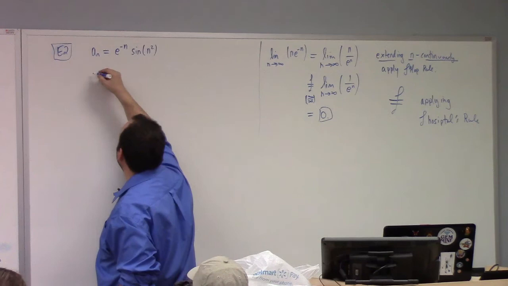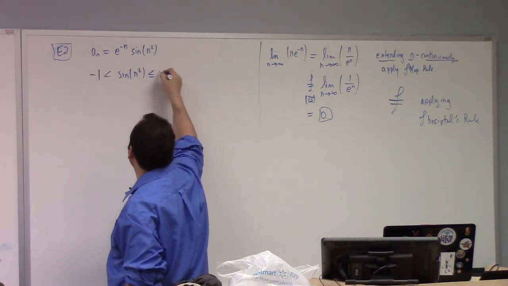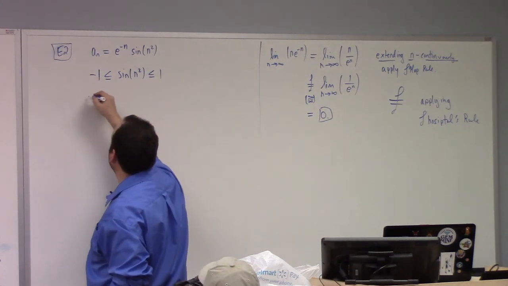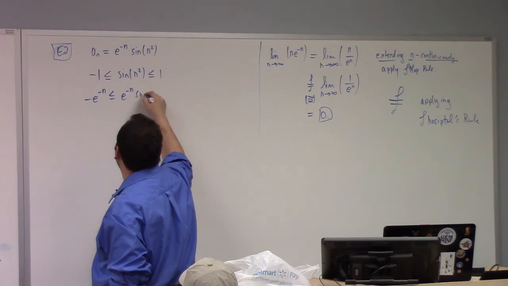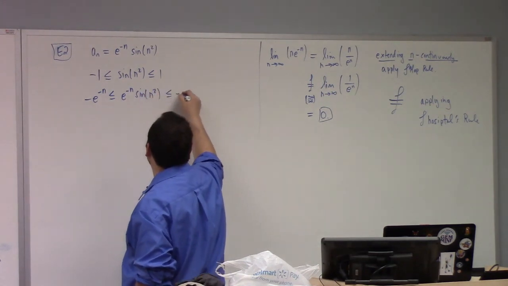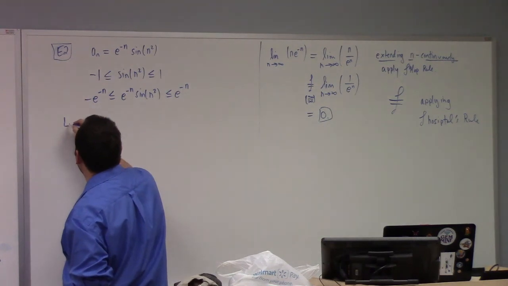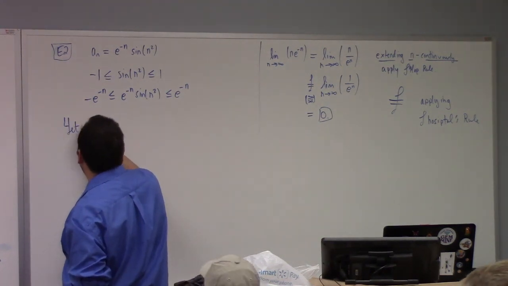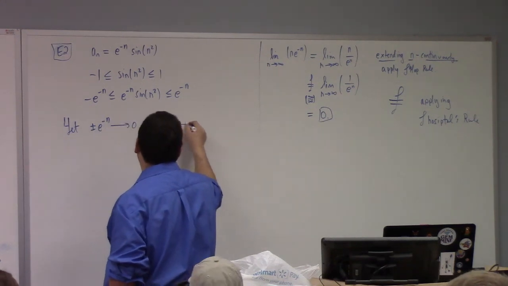Finally, this one: -1 is less than or equal to sine n squared, which is less than or equal to 1, right? Hence, minus e to the minus n is less than or equal to e to the minus n sine of n squared, which is less than or equal to e to the minus n. Yet plus or minus e to the minus n goes to 0 as n goes to infinity.